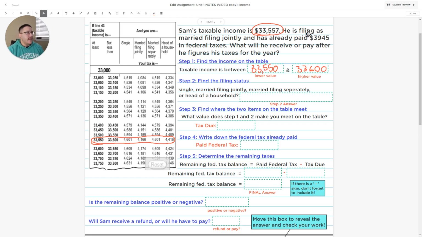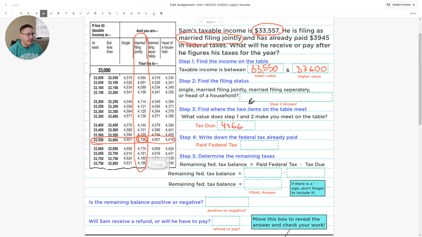Now we know that he is filing as married, filing jointly, so we're going to look at this column right here. And the intersection is what he owes. So he owes $4,166.